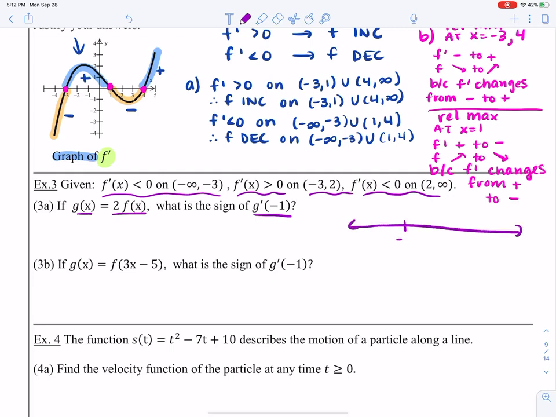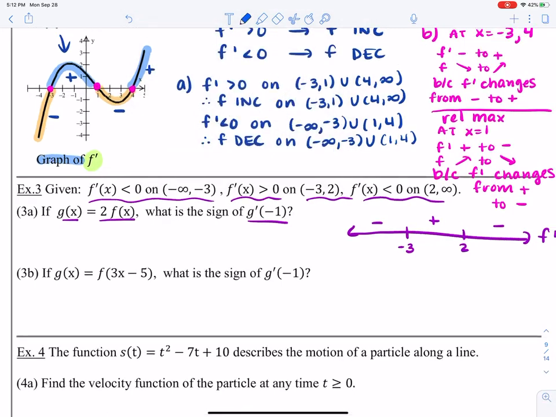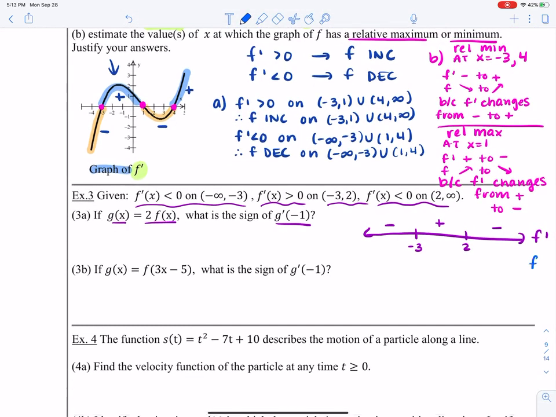So there is a relative min at x equals -3, and we're going to say because f prime changes from negative to positive.